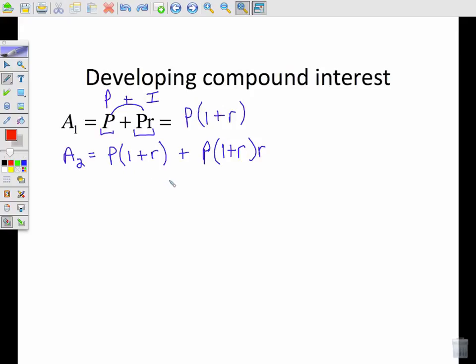All right, when I distribute the P with the 1 plus R, we get P plus PR. Plus, here I've got P plus PR, and then still times the R. So this equals P plus PR plus PR plus PR squared.